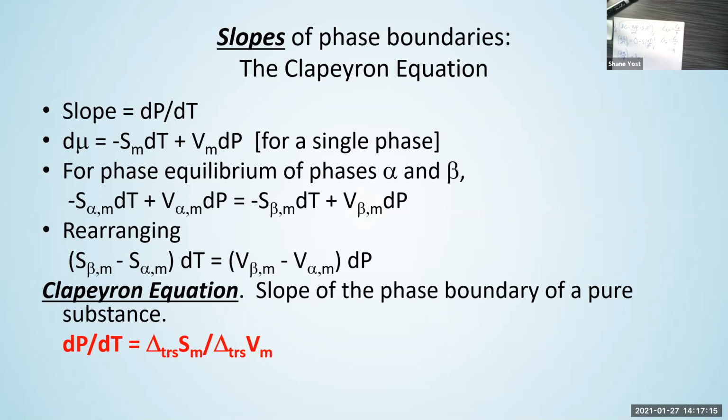So here TRS is just short for transition, for phase transition. The idea is that this equation is related to phase transitions, and so it's talking about a specific phase transition. What is the change in molar volume? What is the change in molar entropy? And what is the change in molar volume for that phase transition as well?